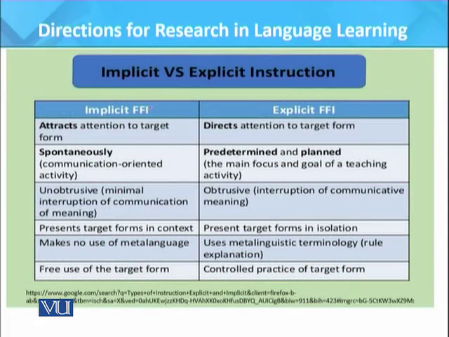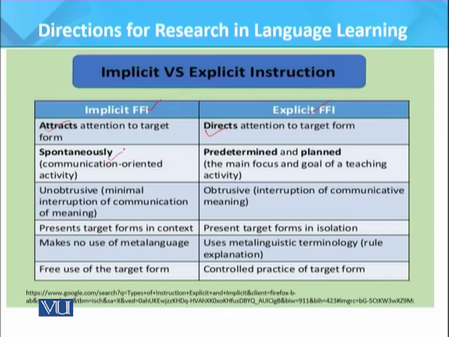With this, let's see implicit versus explicit instruction: implicit focus on form instruction and explicit focus on form instruction. In implicit focus on form instruction, attention is attracted to the target while these forms are there in the environment. In the explicit, you need to pay attention explicitly to the target form.